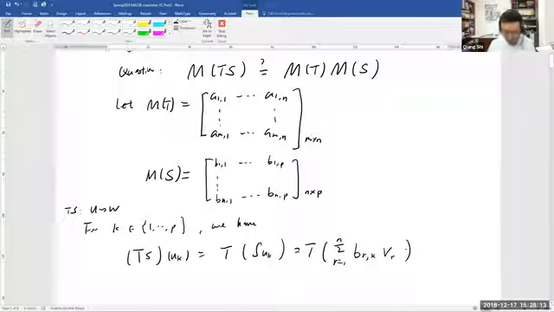Remember T is from V to W, and S is from U to V there, right?